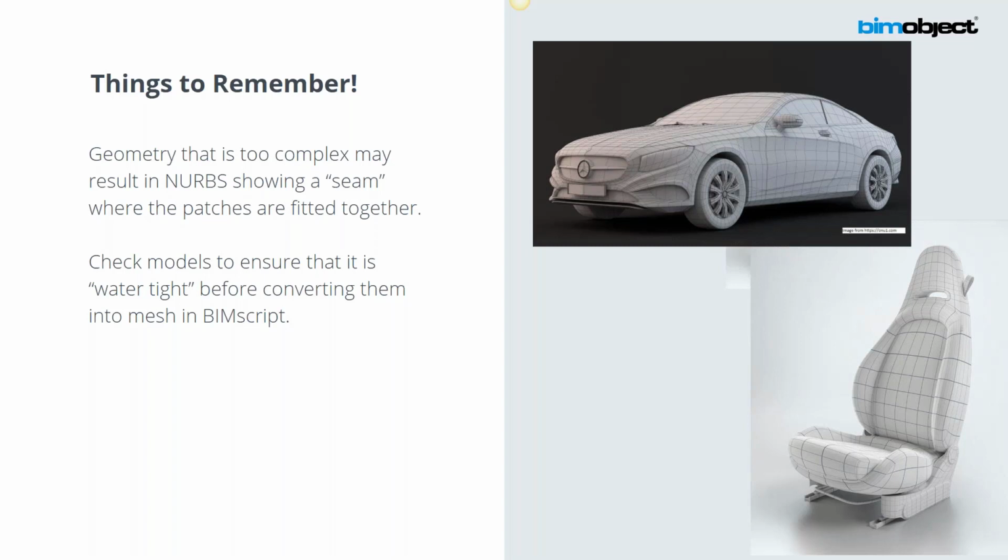When you're working with BIMscript, it's extremely important that you check these NURBS models for these types of seams before you convert them into a mesh in BIMscript. BIMscript generates an STL file that's used for 3D printing, and these types of files require that the model is watertight.